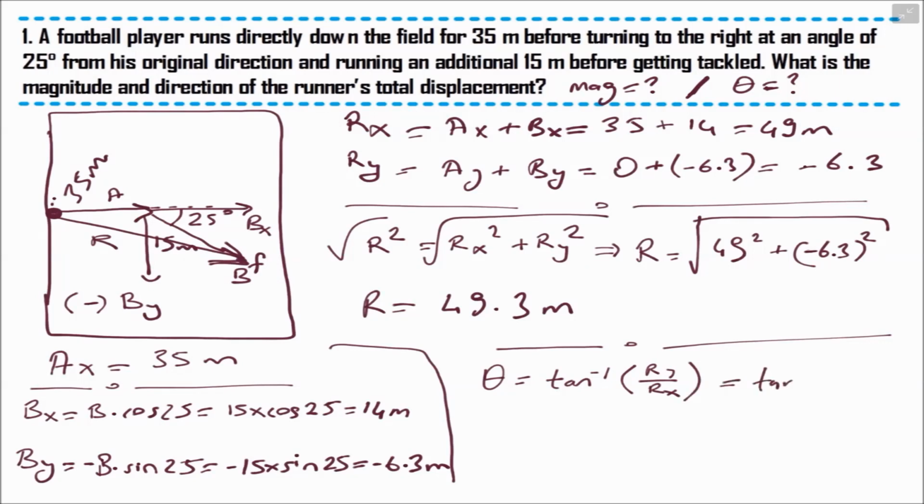So tan inverse, Ry is here negative 6.3 over Rx is the 49. Then theta gonna be negative 7.3 degree.